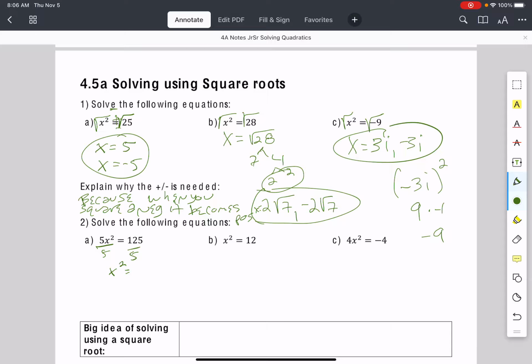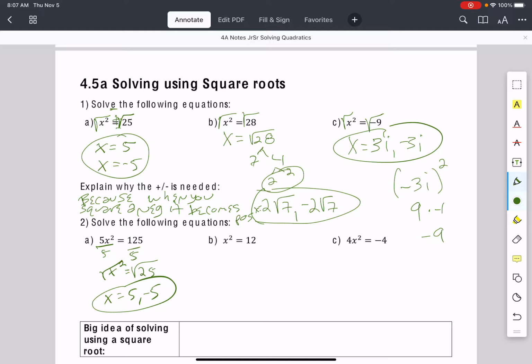So I'm going to start by dividing by 5. Get your calculators out if you can't do that in your head. I need to know what 125 over 5 is. It is 25. And then I square root, and x equals 5 and negative 5. Okay, do I need to do anything on b before I square root?